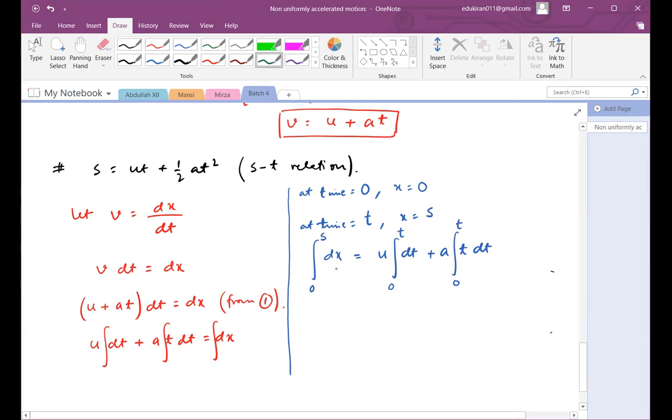Now on integrating dx, it will become x, limit from 0 to s, is equal to u dt on integration will be t, limit from 0 to t, plus a as coefficient. We have t raised to 1. So on integrating, it will be t raised to 1 plus 1 divided by 1 plus 1, limit from 0 to t.